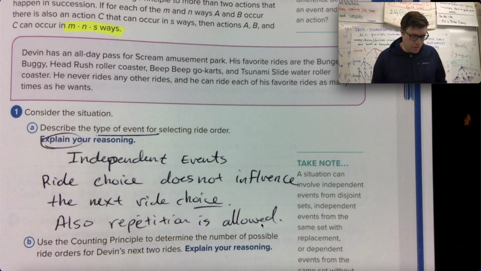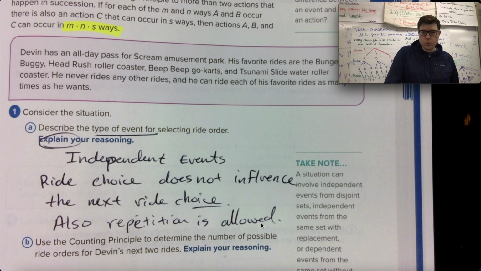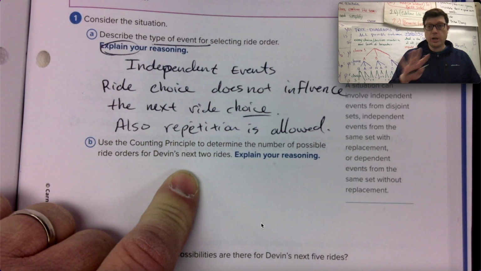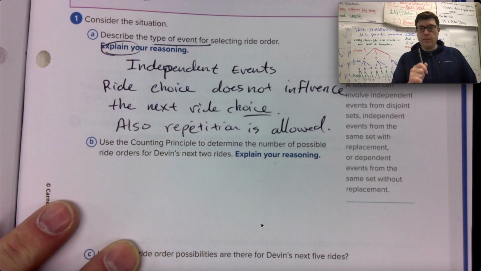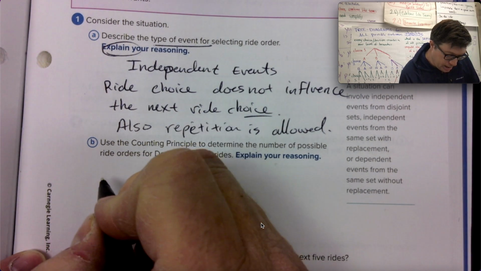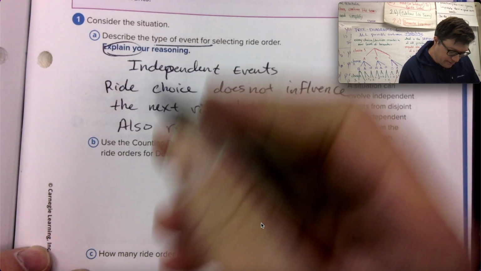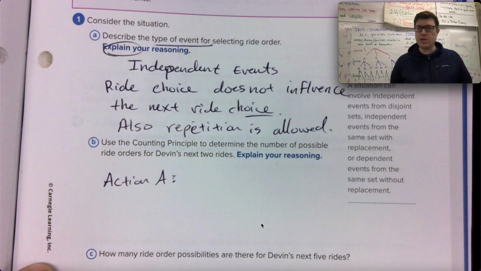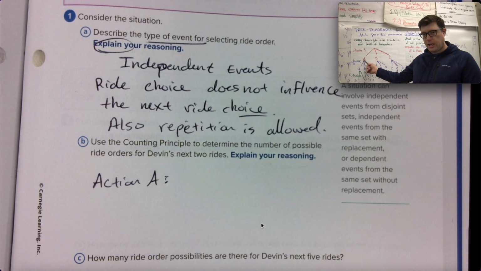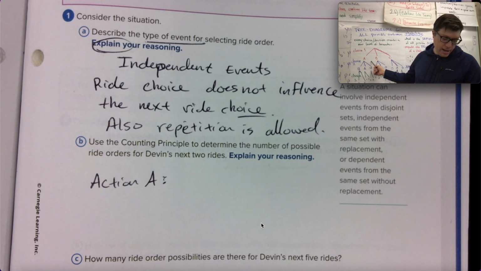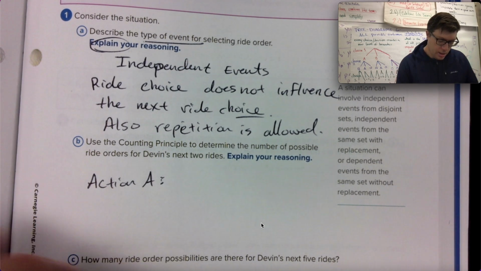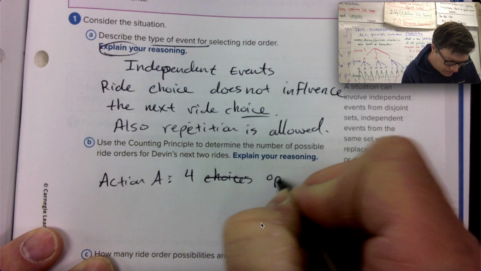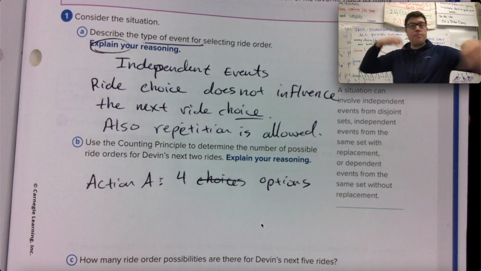Use the counting principle to determine the number of possible ride orders for Devin's next 2 rides. So, counting principle says how many choices are available in the first action. So in action A, how many choices are available? Buggy and Head Rush and Beep Beep and Tsunami. There are 4 choices, 4 options. Options is a better word. So he goes and he picks one, right?